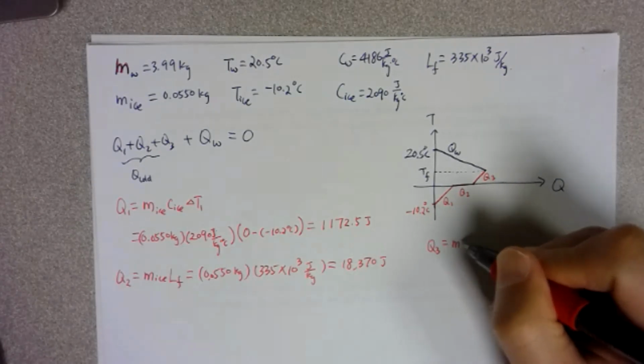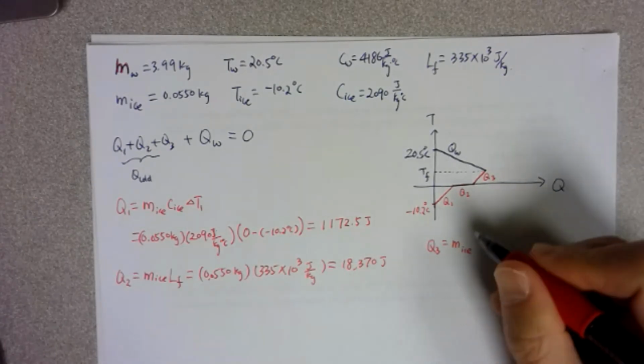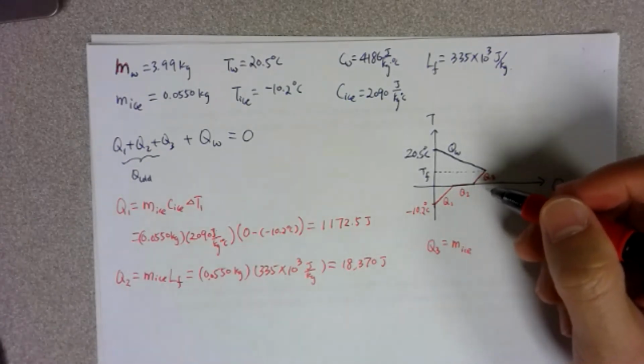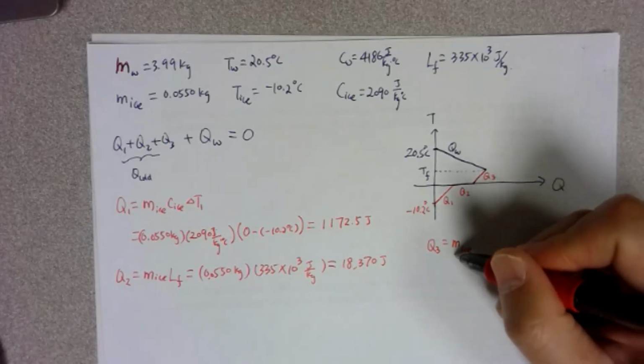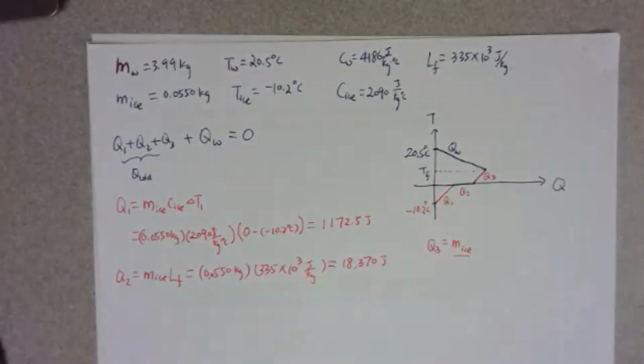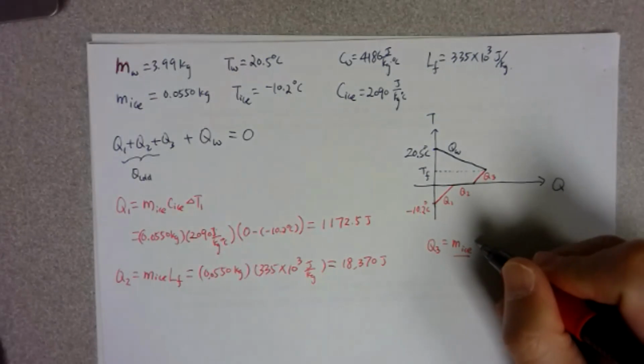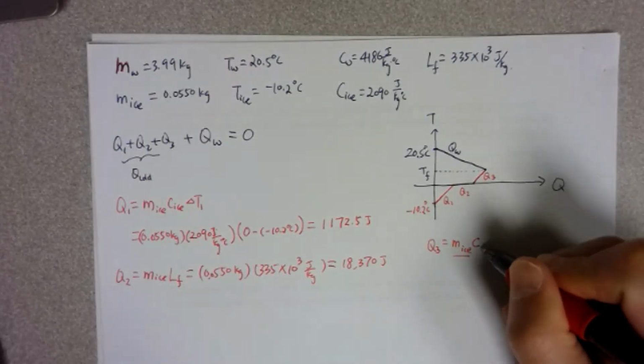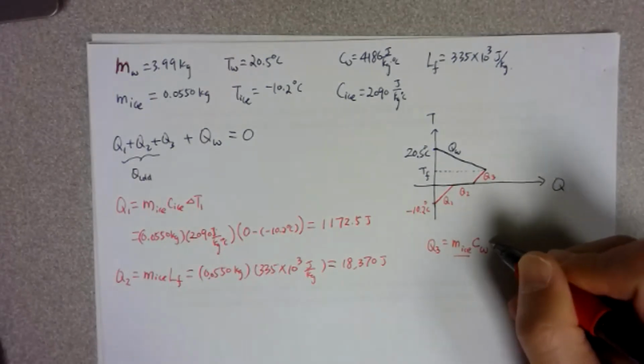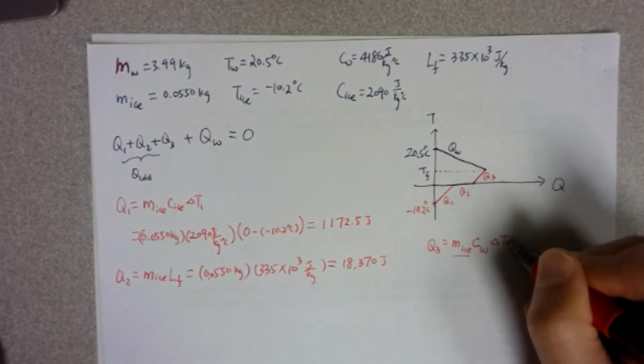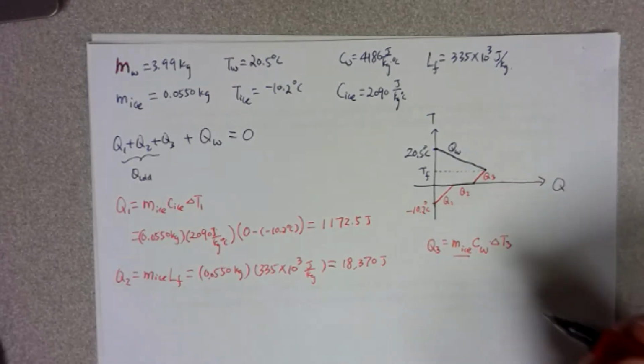Q3 is equal to mass of the ice, although it's melted. It's become water, but we should still just use the mass of the ice because when ice melts into water, the mass is still the same. Now C, however, will be the water because now it becomes water, and then delta T, in this case, 3.